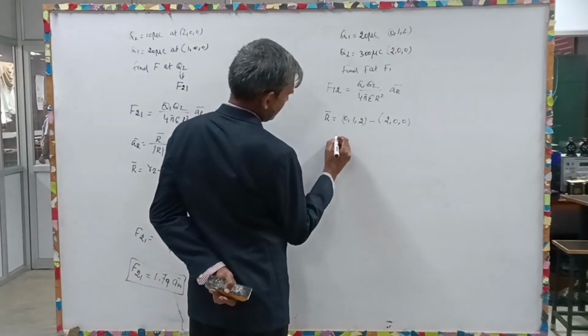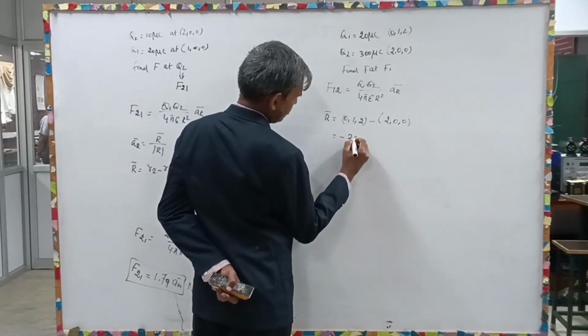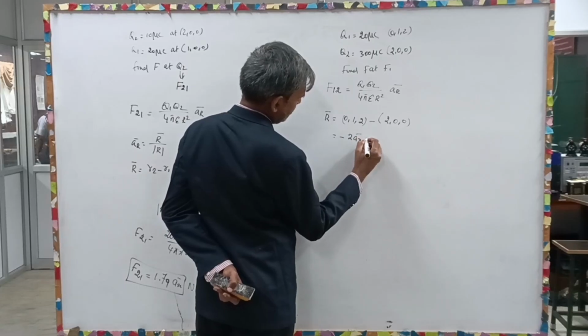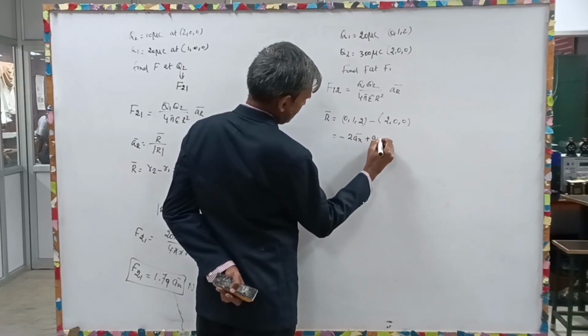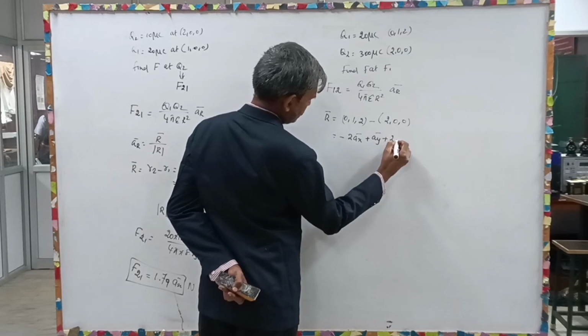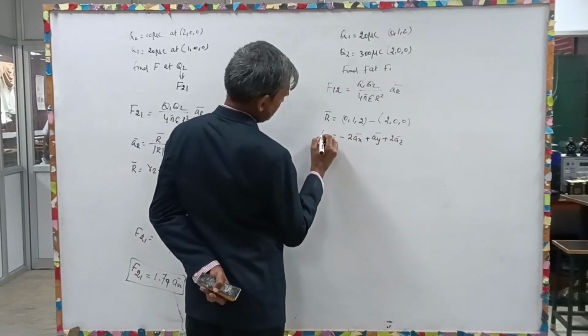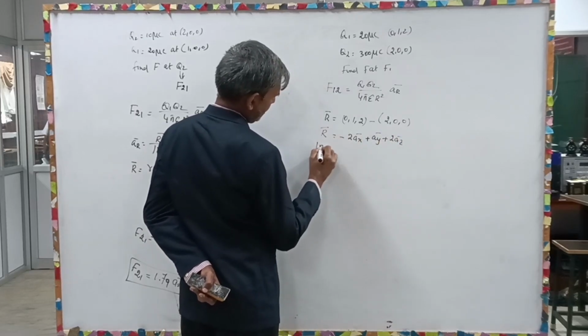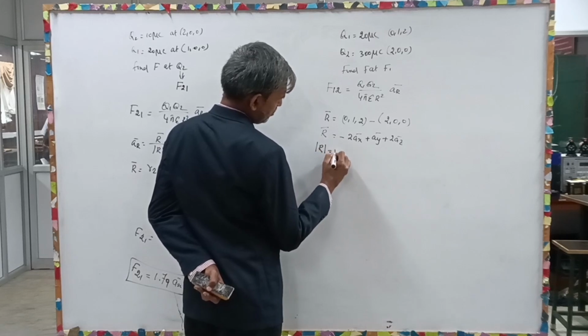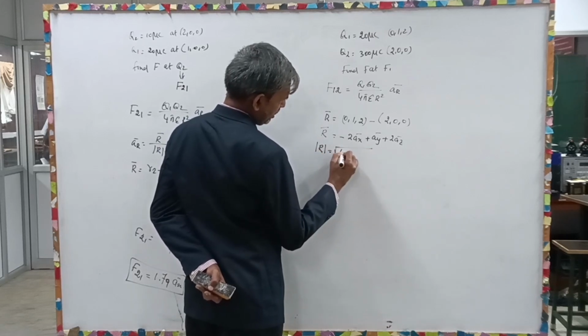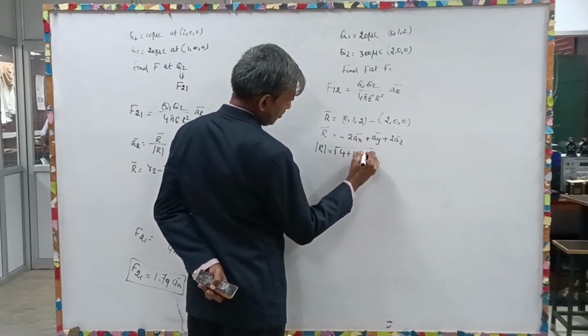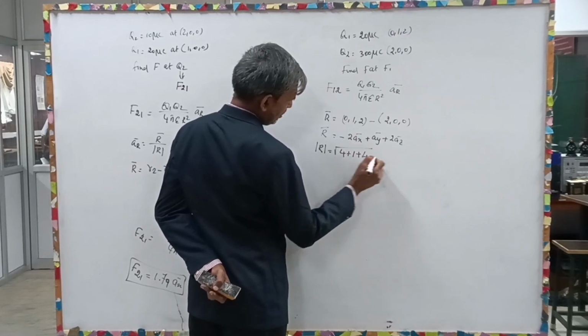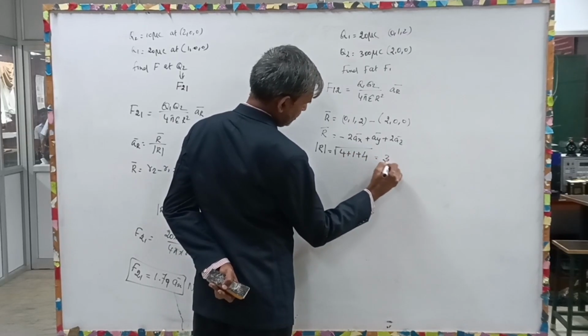Now we are subtracting here, so minus 2ax plus ay plus 2az. This is the r vector. We take the modulus, so root of 2 square 4 plus 1 plus 4, so 8 plus 1, 9. So that is 3.